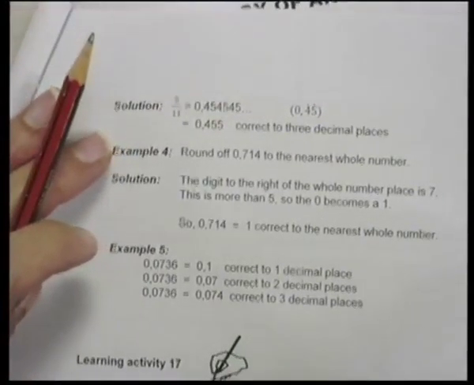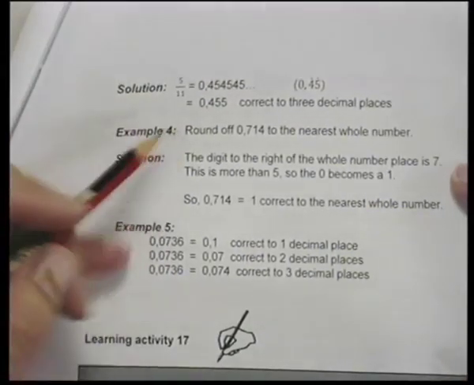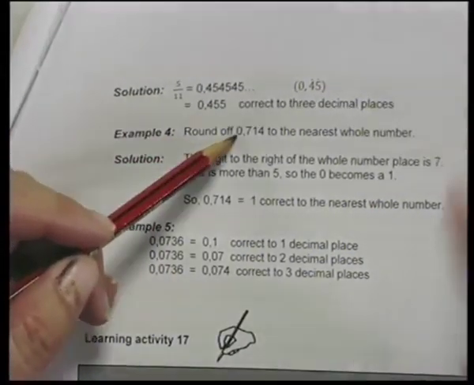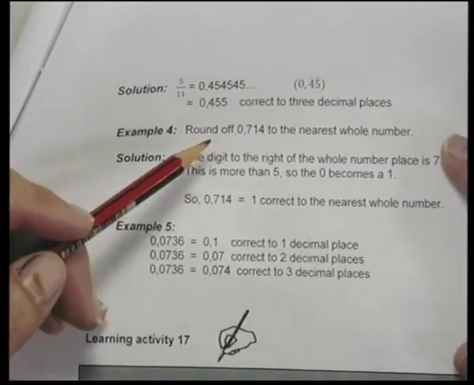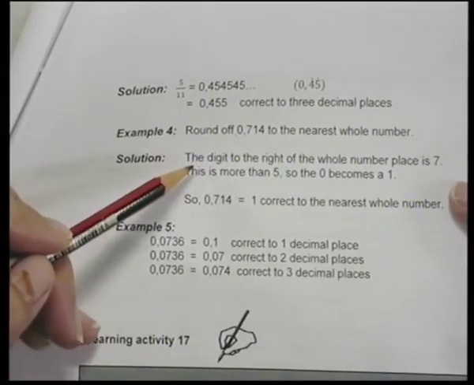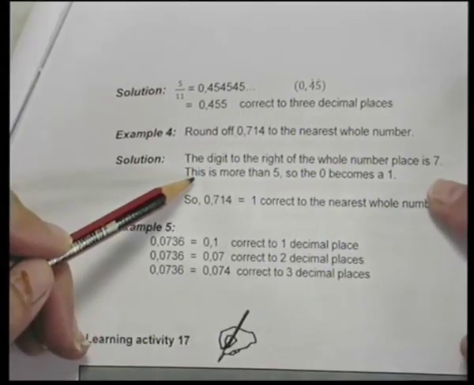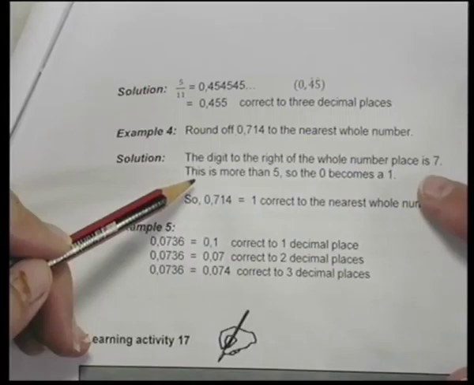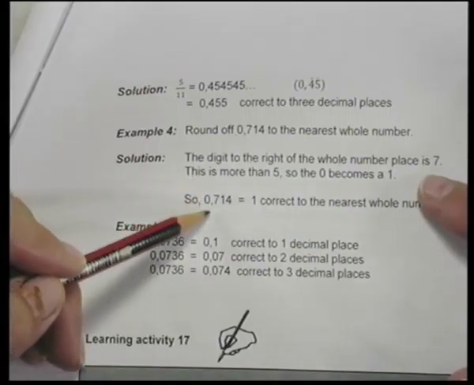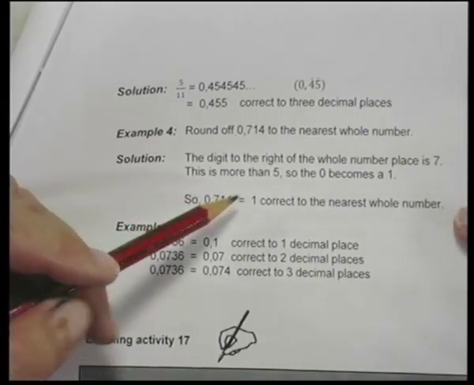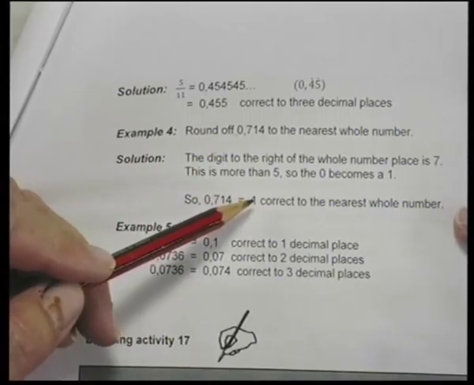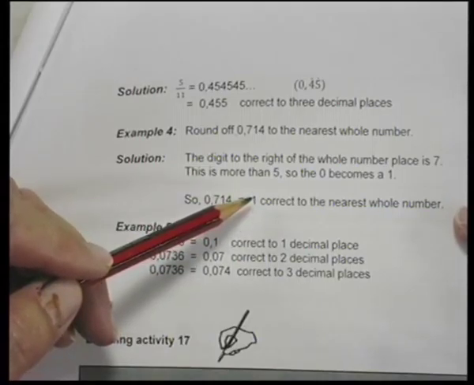And there's then an example of how we round off. For example, 0,714 to the nearest whole number. The digit to the right of the whole number place is 7. This is more than 5, so the 0 becomes a 1. So 0,714 is 1 correct to the nearest whole number.